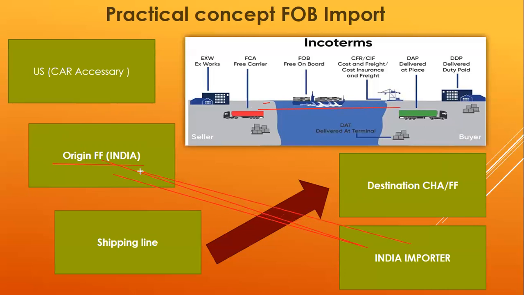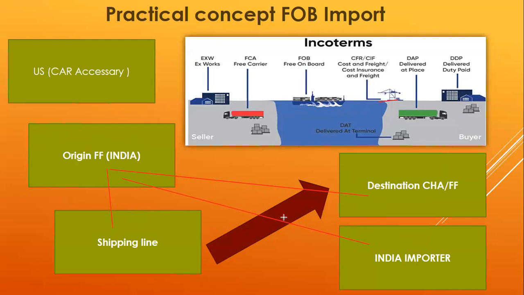After this, when the shipment reaches the port of discharge, the shipping line expenses again need to be paid by the freight forwarder, and the destination expenses are paid by the freight forwarder. So he will add all the expenses and bill the Indian importer.